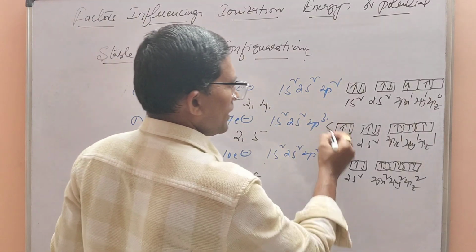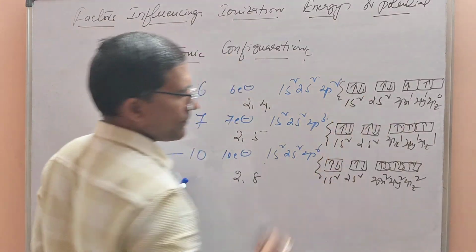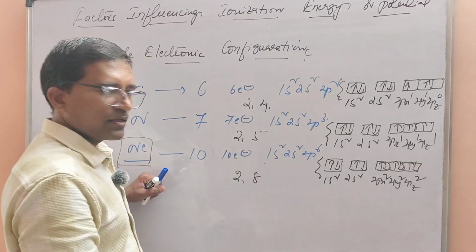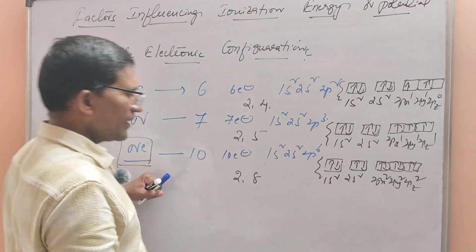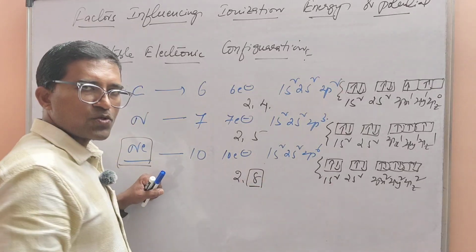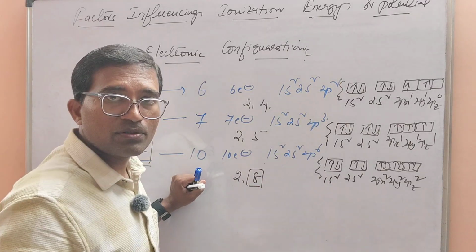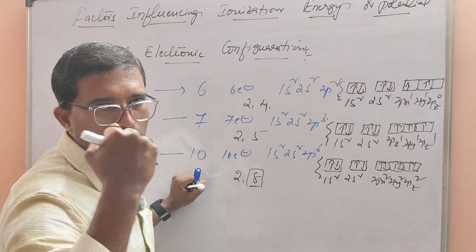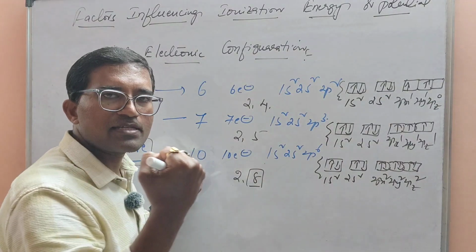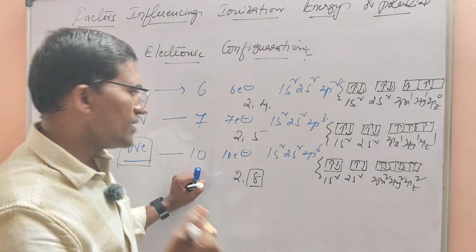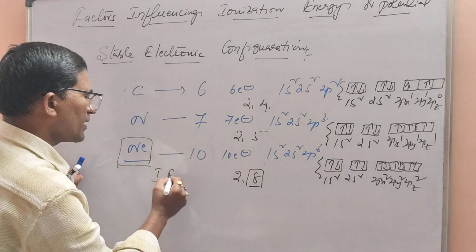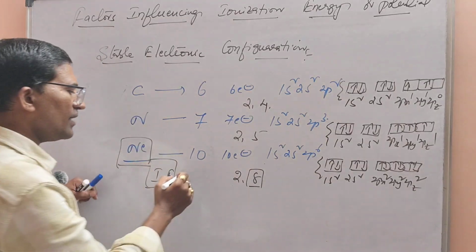So in terms of orbitals, in case of neon, all the degenerate orbitals are completely filled, and that too in octet configuration. So elements with octet configuration are more stable. As the stability increases, you require more energy to remove the electron. So the ionization energy is very high in case of neon. IE is more.